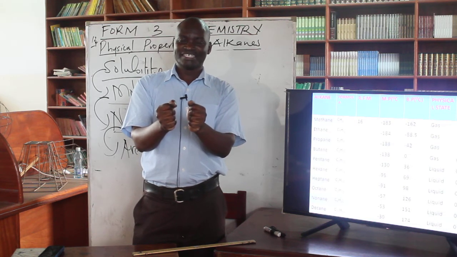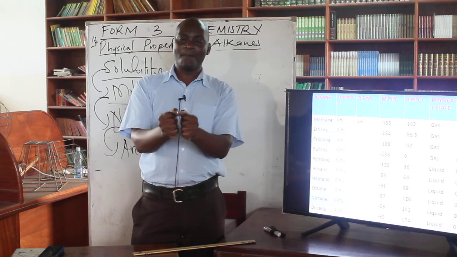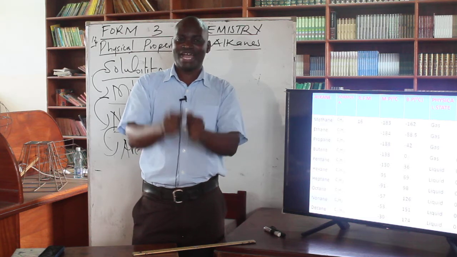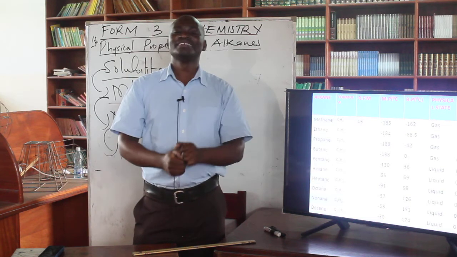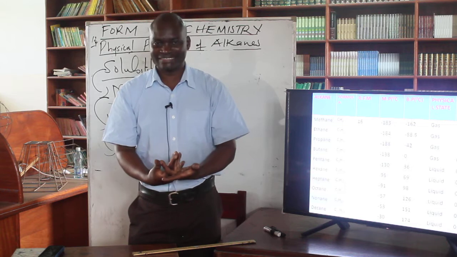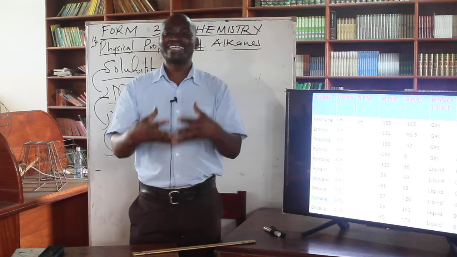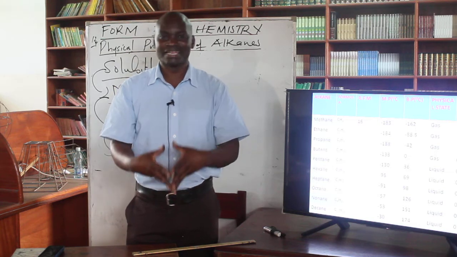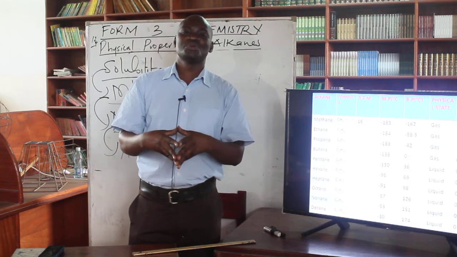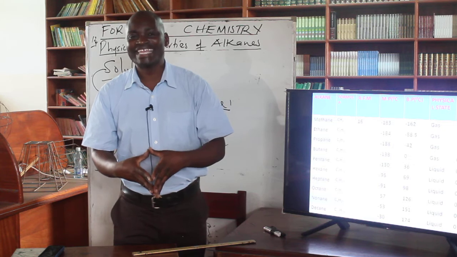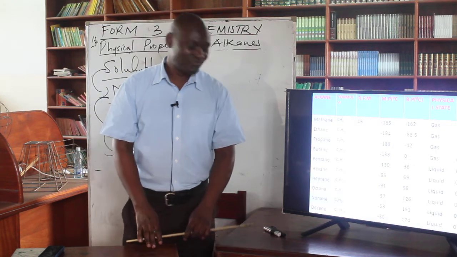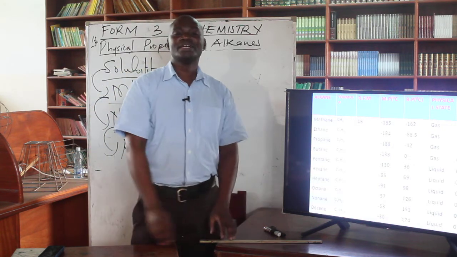The structure is becoming more and more compact as you move down. That compactness of the structure of alkanes results in an increase in the density of the alkanes.